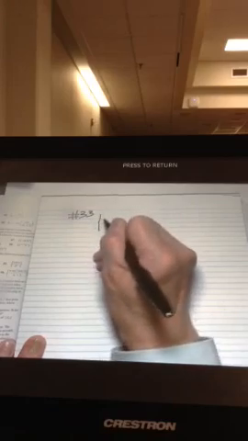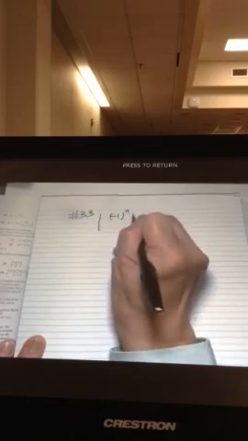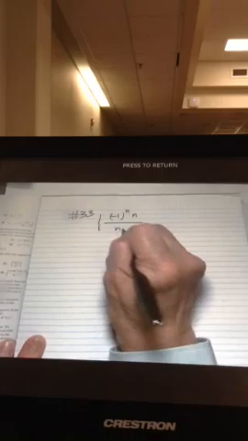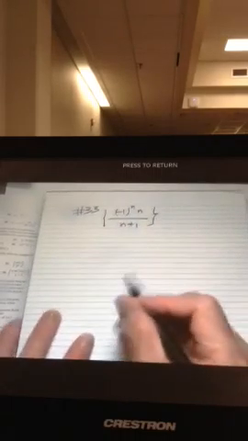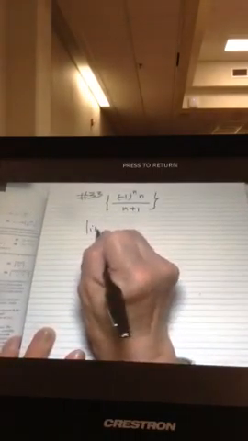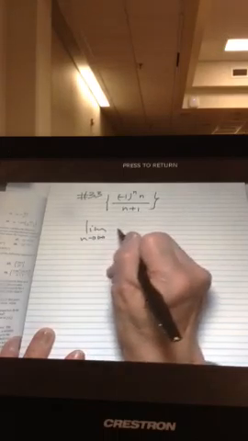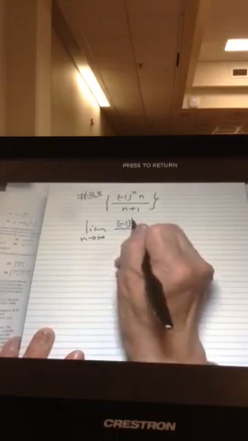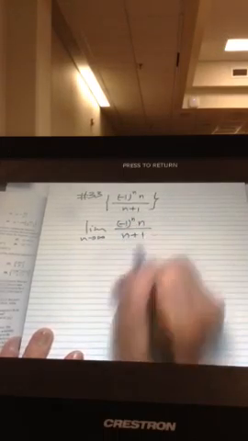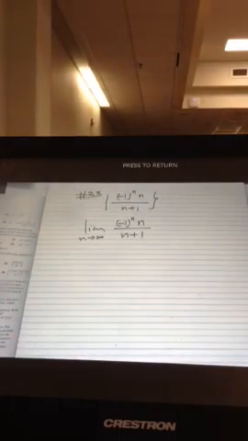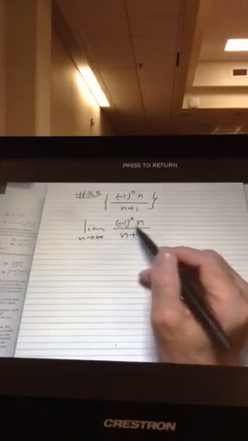The sequence (-1)^n over n plus 1. The question right now is, what is this limit? Now this is interesting, so let's see what this is.